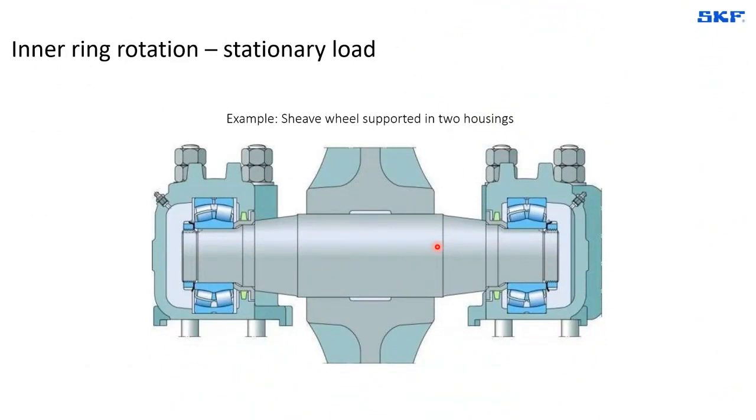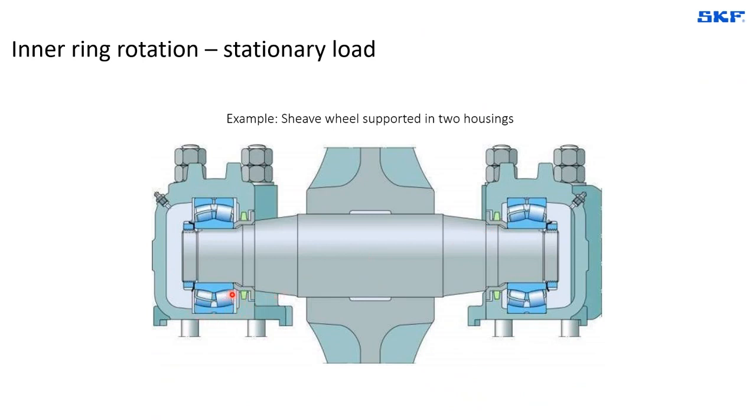And this is an example of an application where we can identify these operating conditions. This will be, let's say, the sheave wheel or even the wheel of a crane, in an application where we have two spherical roller bearings, locating position, non-locating position, with a rotating shaft and the inner rings mounted with interference fit.